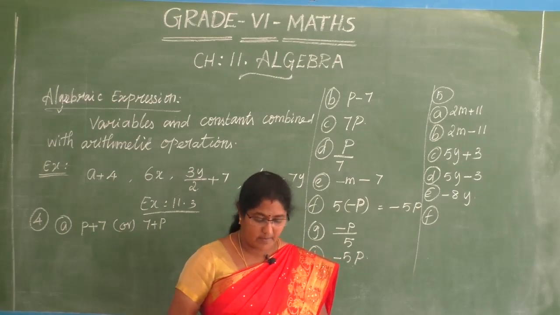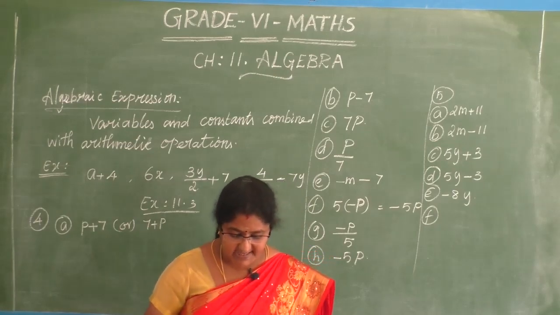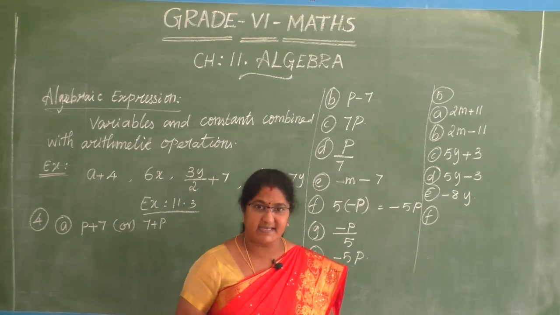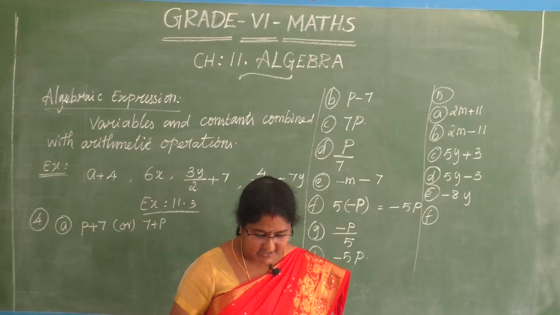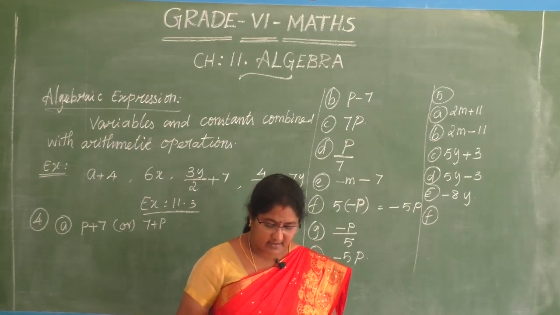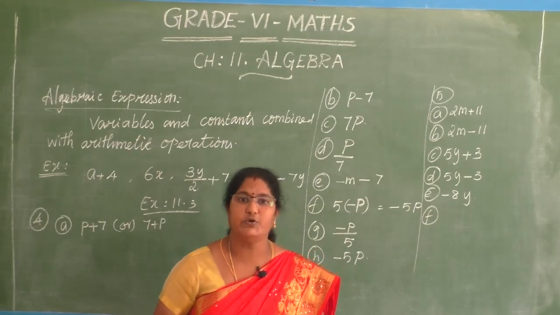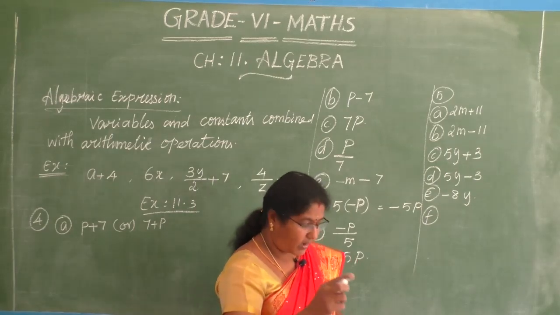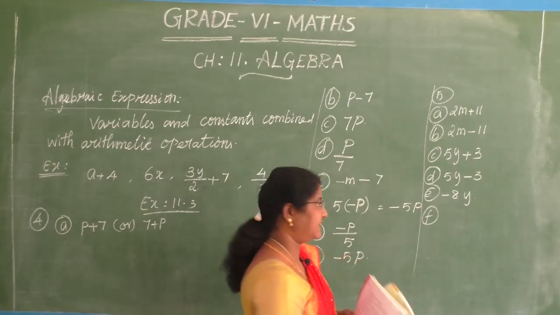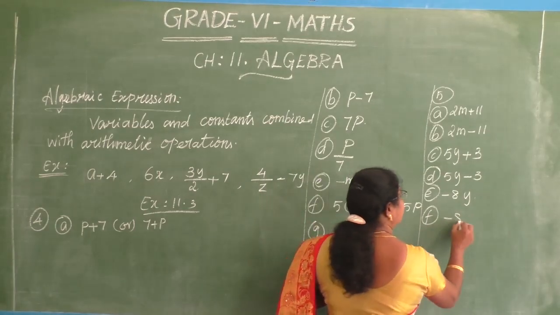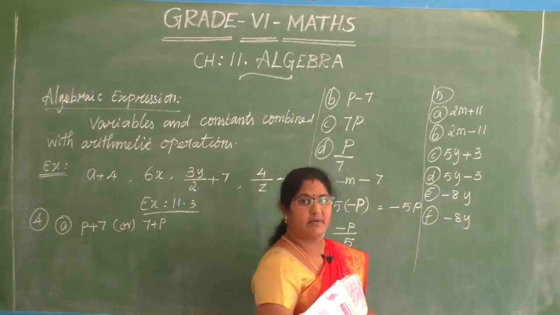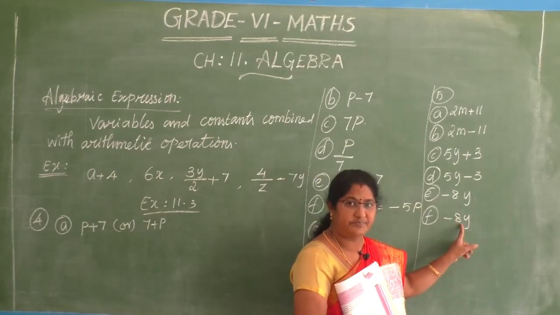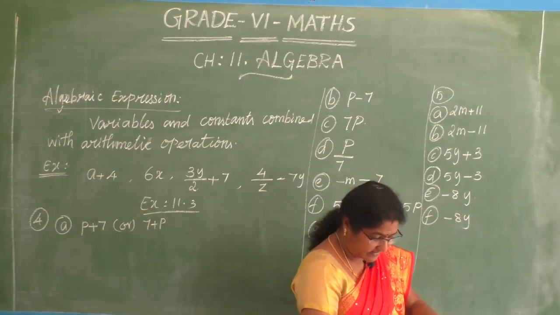Next, fifth, F. Y is multiplied by minus 8. That means minus 8y. And then 5 is added to the result. First, what is given? Y is multiplied by minus 8. So we can write the number first.